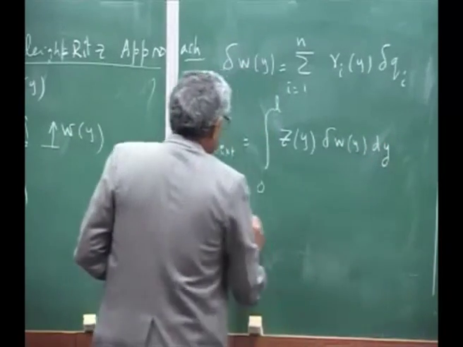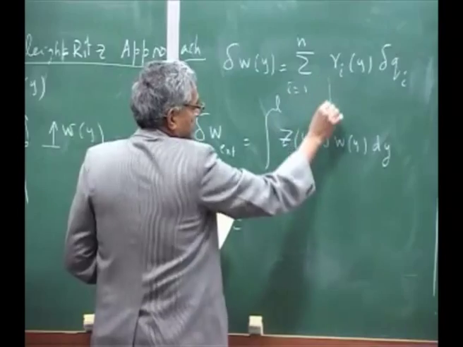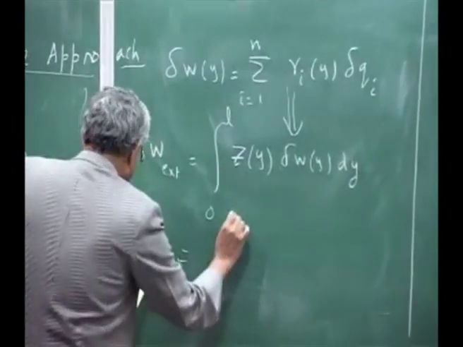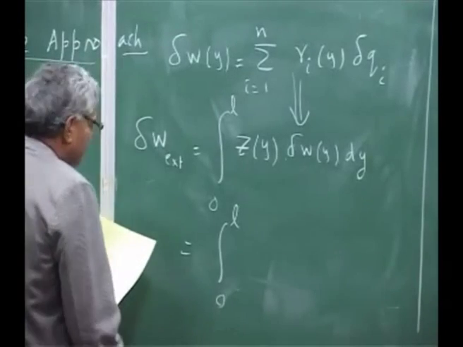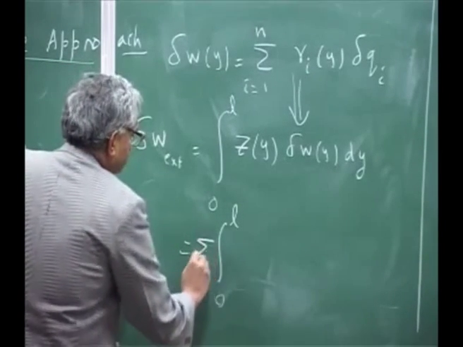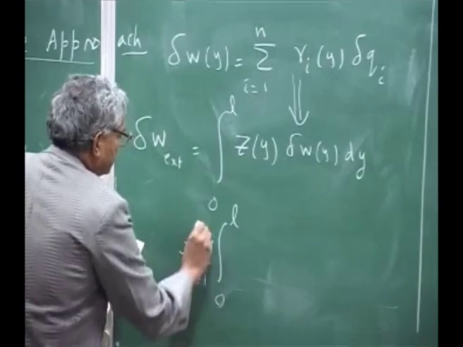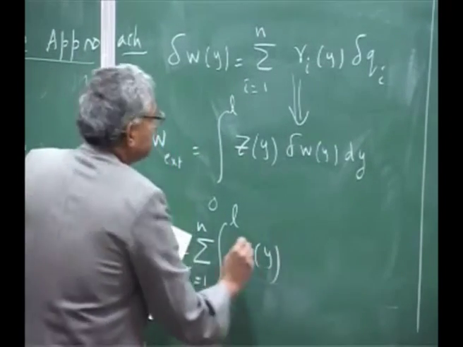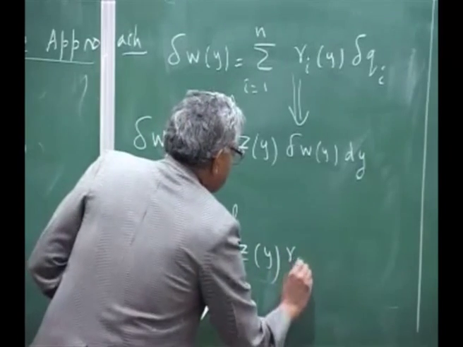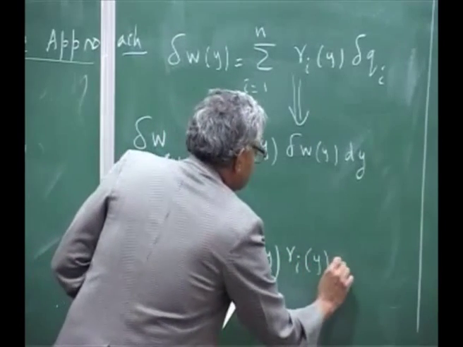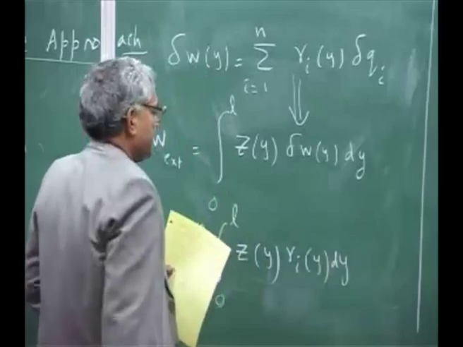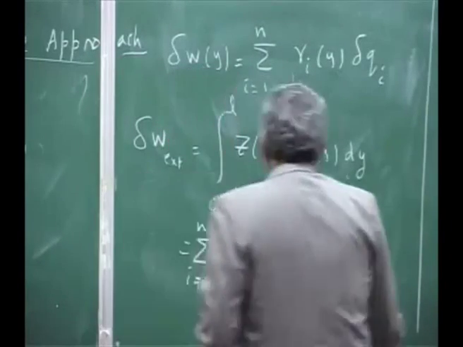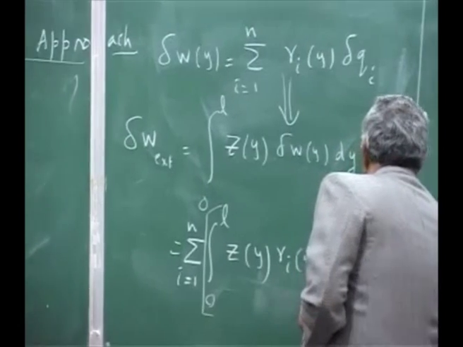Now you substitute for delta Wy this expression here, and then write it as 0 to L, I am putting a summation outside, i running from 1 to n, Z of y gamma i y dy, into delta Qi.